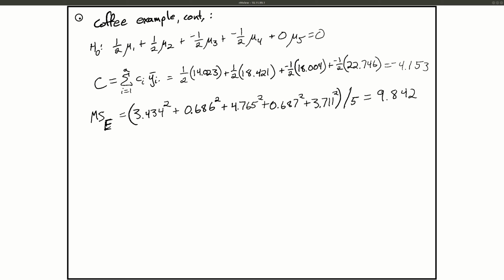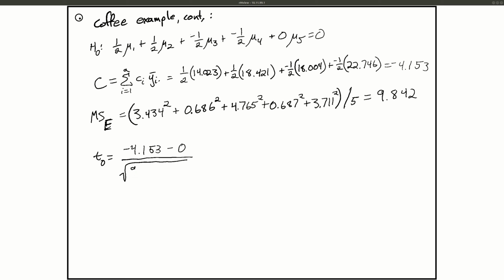All right, so our T statistic, now we can calculate that. We have the numerator here, we've got negative 4.153 minus the hypothesized value for the contrast, which is 0, divided by the square root of our mean squared error.